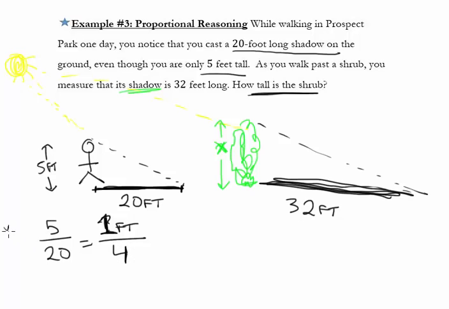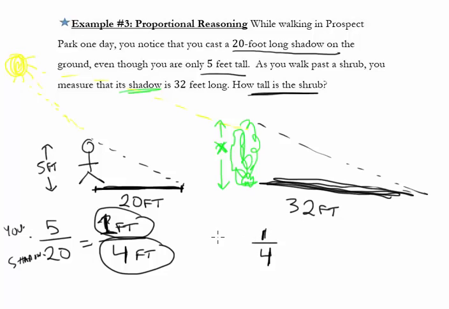This is you, and this is the shadow. So one way we can reason about this is that every foot of you is worth 4 feet of shadow.